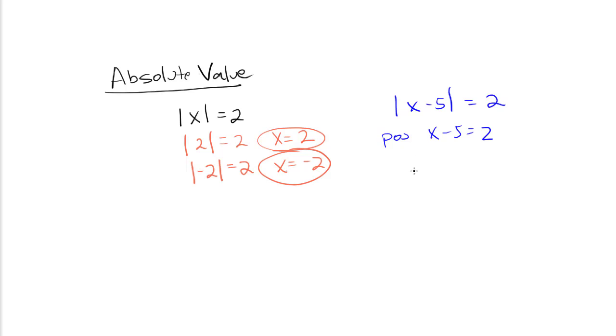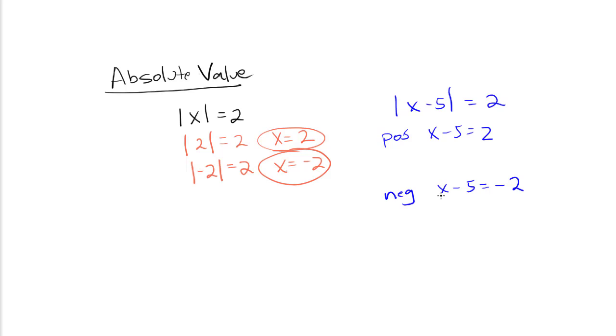And by the way, we also know x minus 5 could equal the opposite of 2, in which case our equation is also true because the negative 2 is converted to plus 2 in the absolute value symbols. So we have a positive and a negative case solution for every absolute value equation, right?